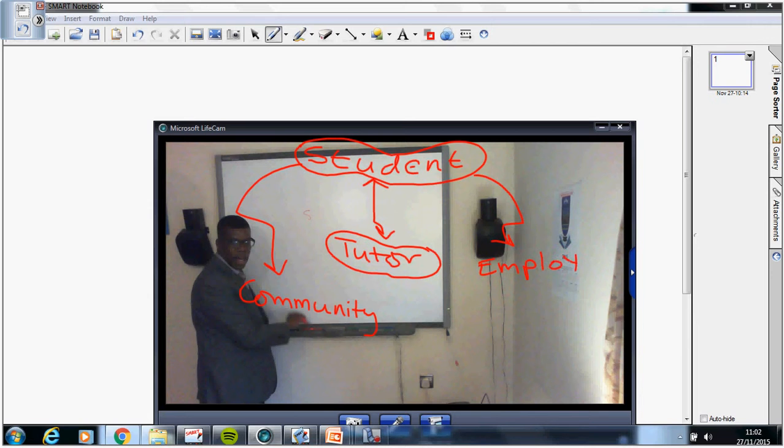At the end of the day, whatever we do, we want to make this candidate be able to fit in the community appropriately to access the right jobs. Now the tutor is a professional who is very well linked, just like a student, to the community, and by proxy is also linked to the employer.